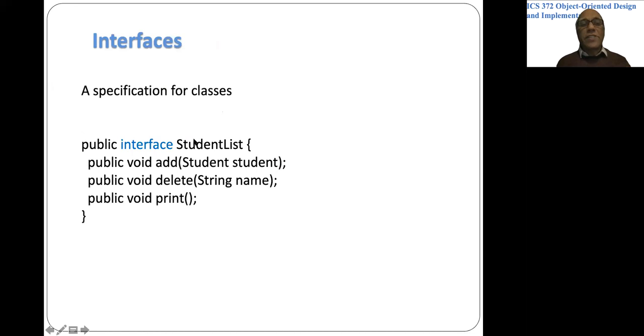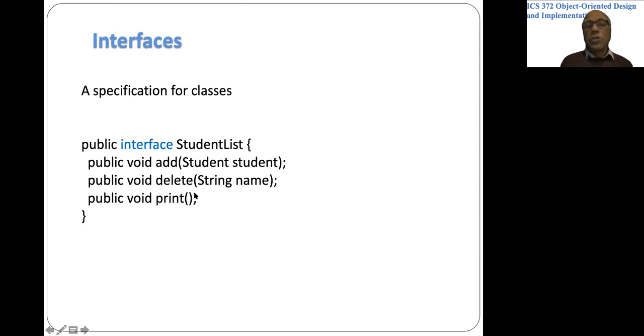Then there are interfaces. Interface is a collection of methods without any body, at least for our purpose. Java has changed its concept of interfaces over the years, but we are not going to worry about the latest Java notion of interfaces. Here, all the methods are abstract.